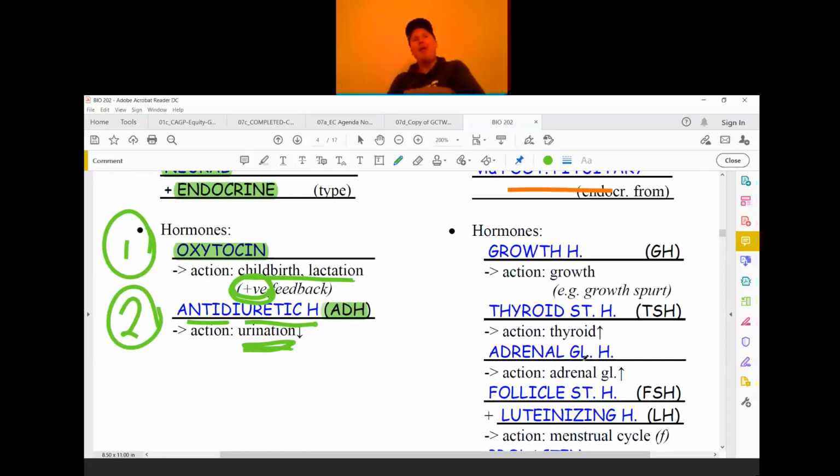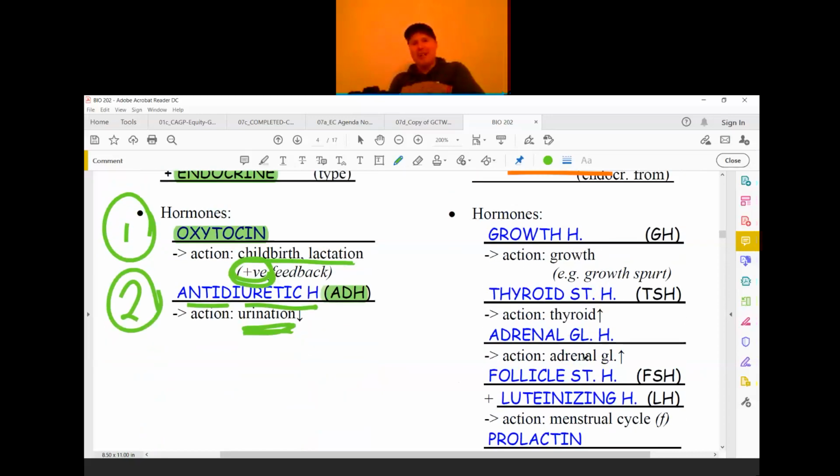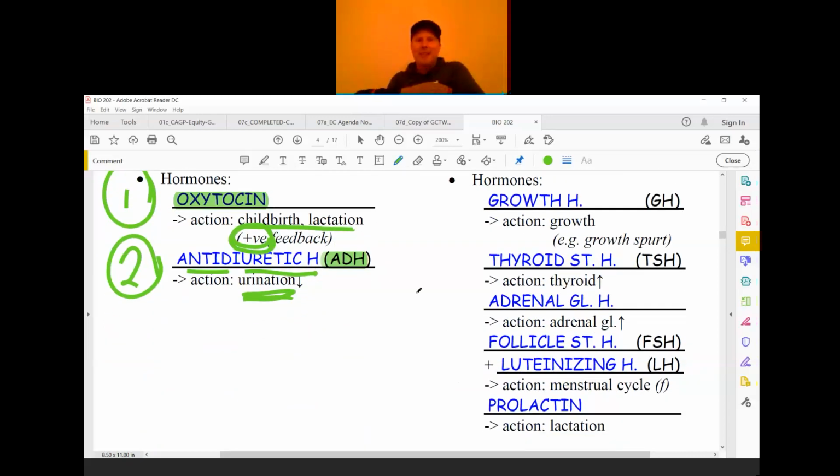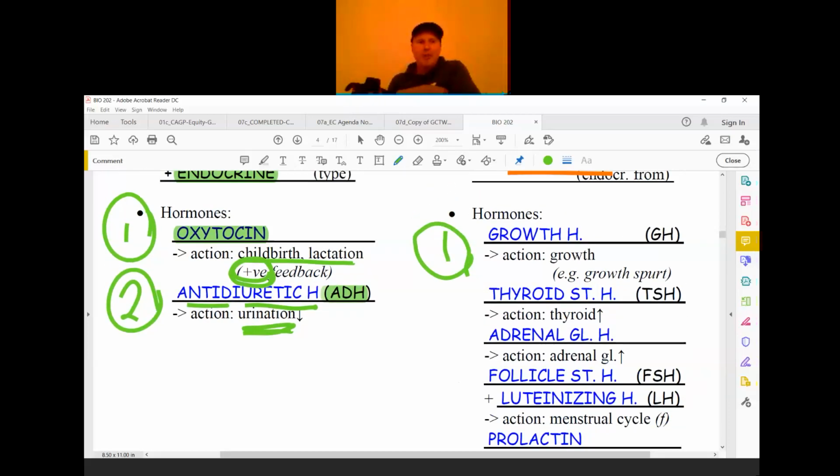There are going to be 5 hormones or groups of hormones that I want us to focus on. The first one is growth hormone, often abbreviated as GH, and it does exactly what you would expect based on its name. It regulates the growth of an individual.